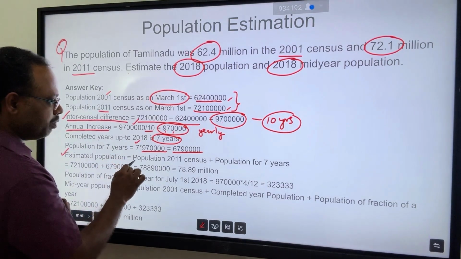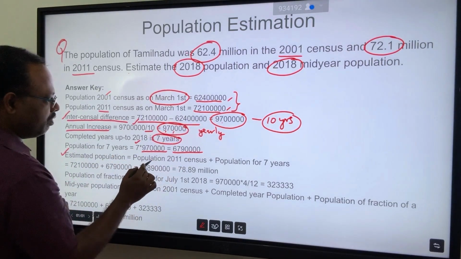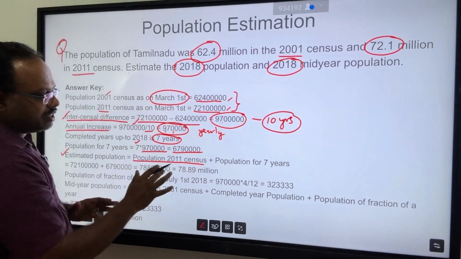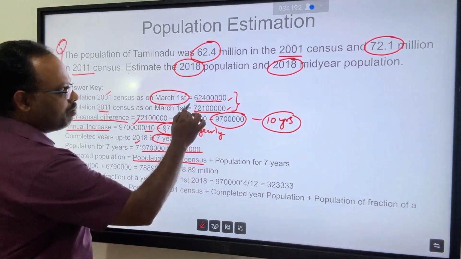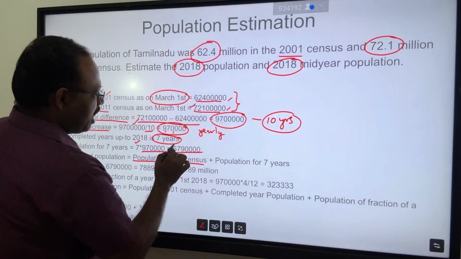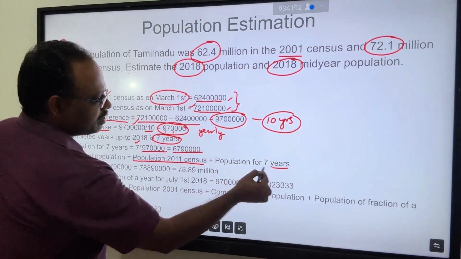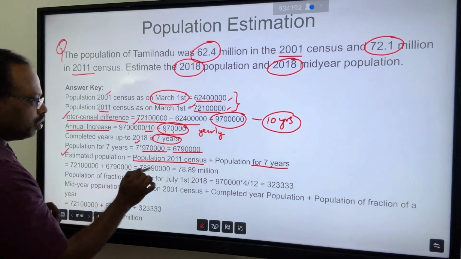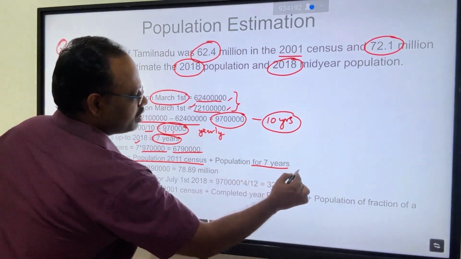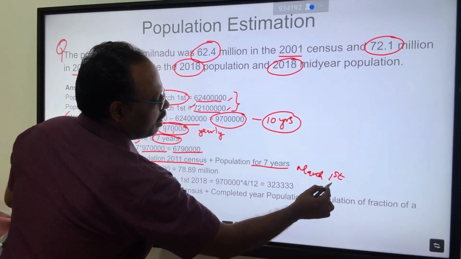That is, we substitute the 2011 census population, that is the recent census population, and then add the 7-year increase. That will yield the 2018 population at the March 1st level.